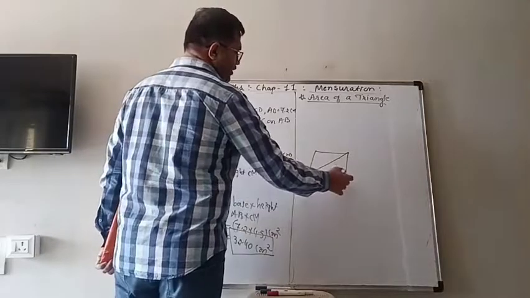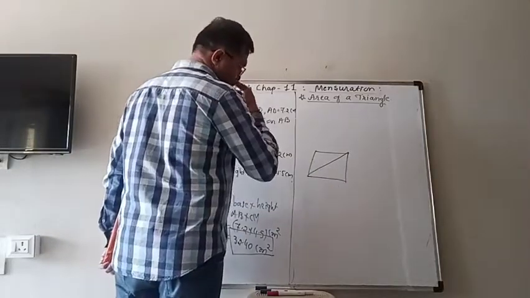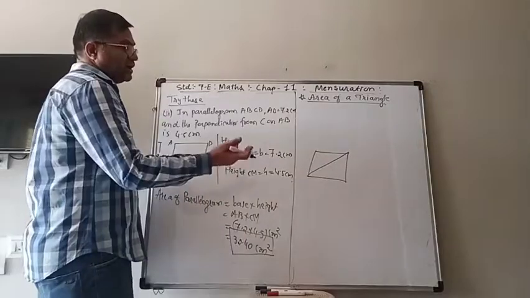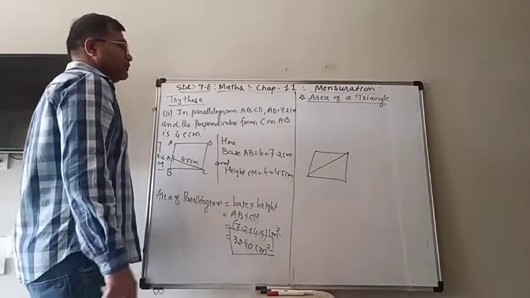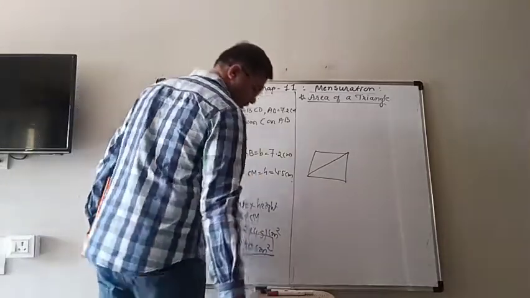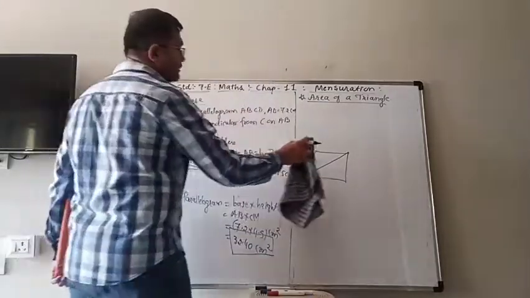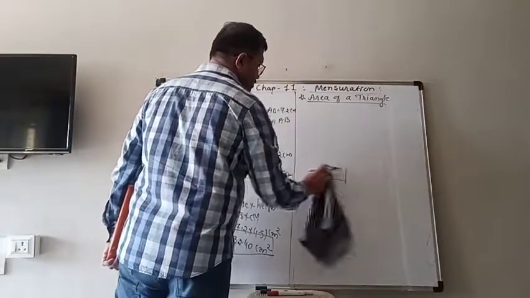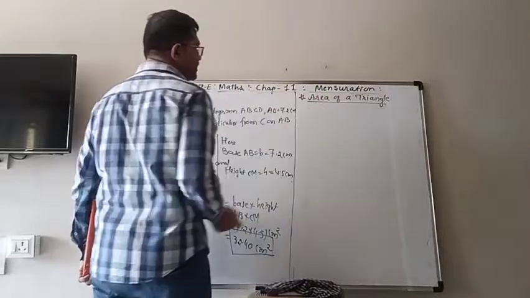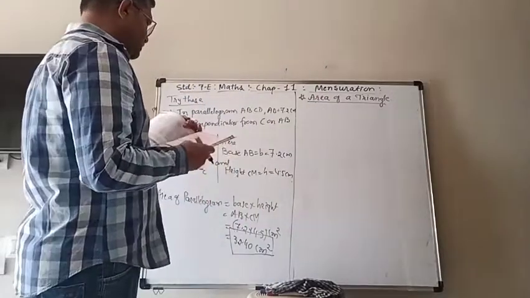The triangles formed have the same area, and therefore each is half of the area of the parallelogram. So we have a very simple formula for area of a triangle.